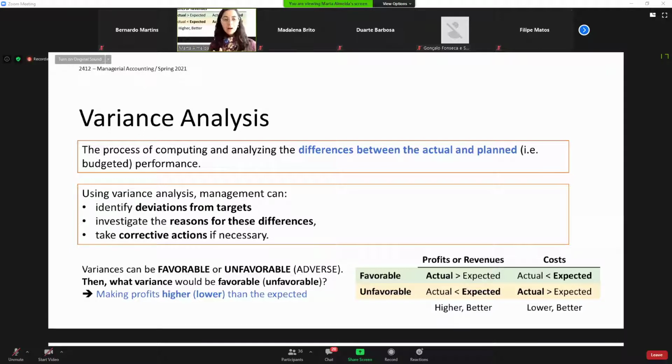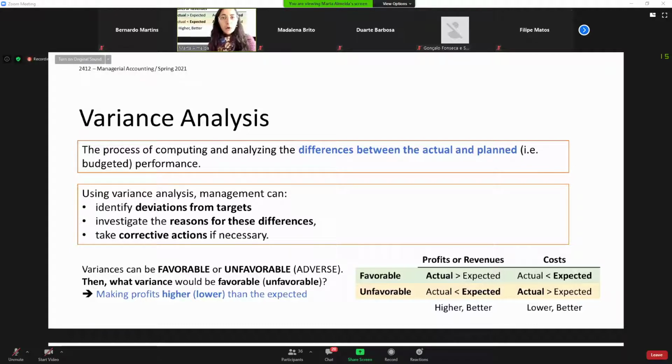Now, we will have two kinds of variances. We have favorable and unfavorable variances. So when we talk about profits or revenues, we want them to be higher than expected. So whenever actual profits or revenues are higher than expected, these are favorable. If they are lower, it's unfavorable.